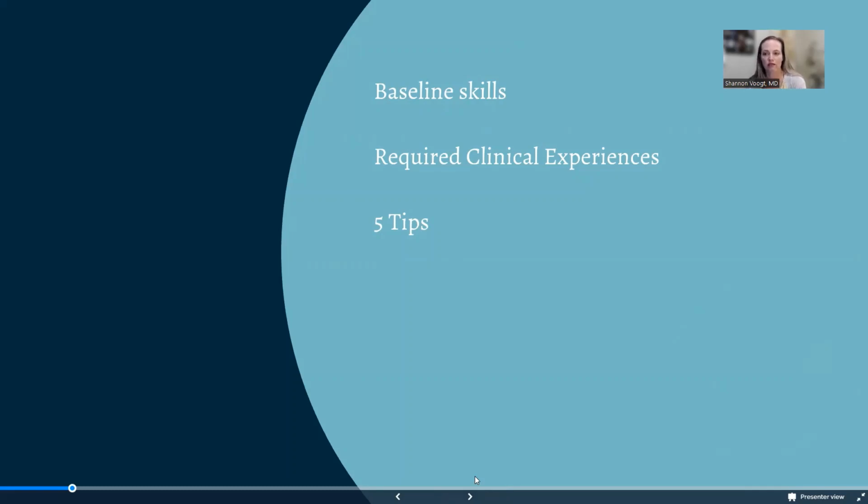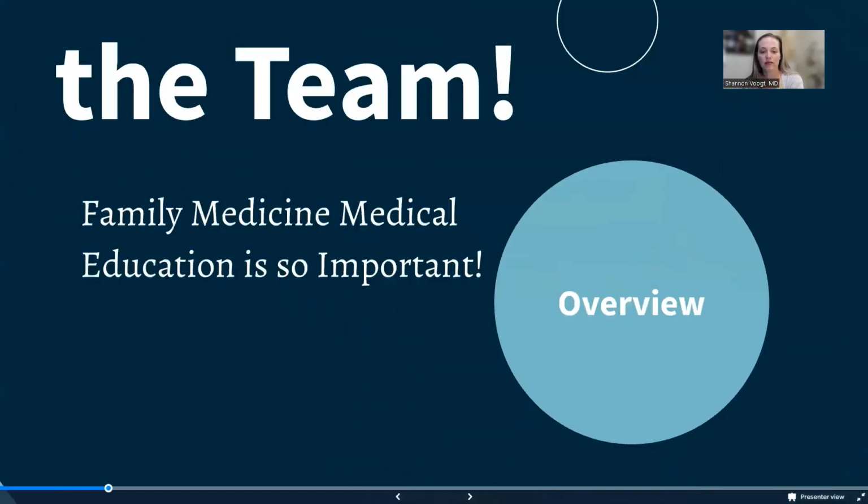They do have things that they have to accomplish as part of this rotation. They have to see certain types of patients and illnesses. So we'll go over that. And then we'll end with my 5 tips of things that I have gleaned from others and from my practicing here over 10 years, how to work with students and integrate them into your flow.